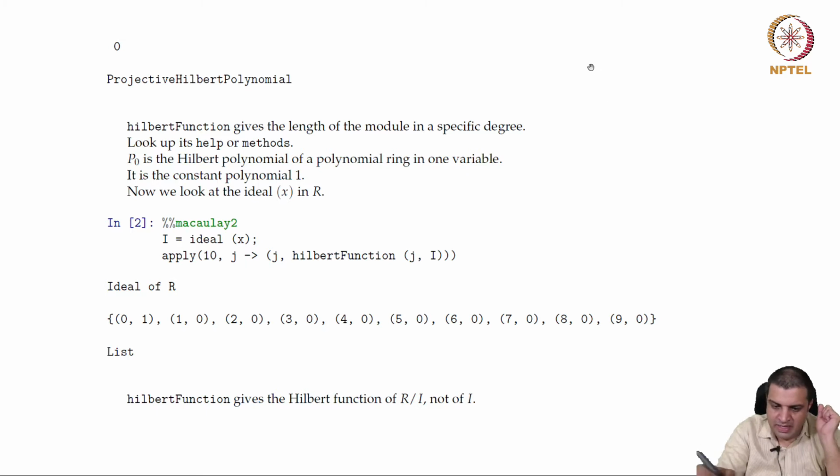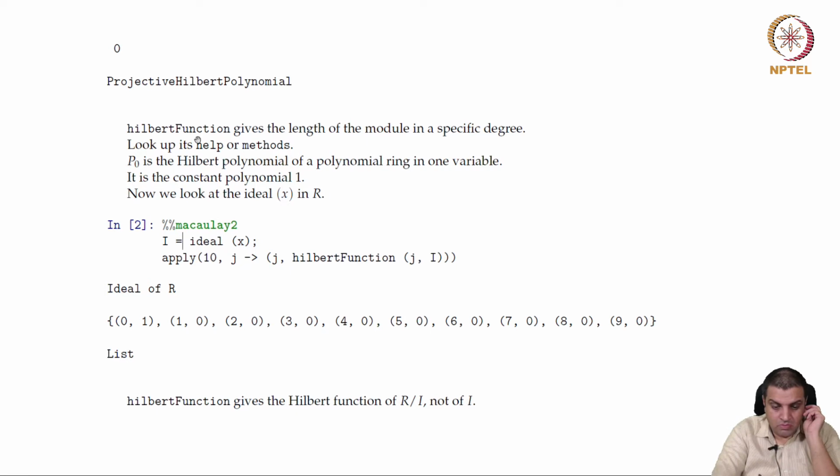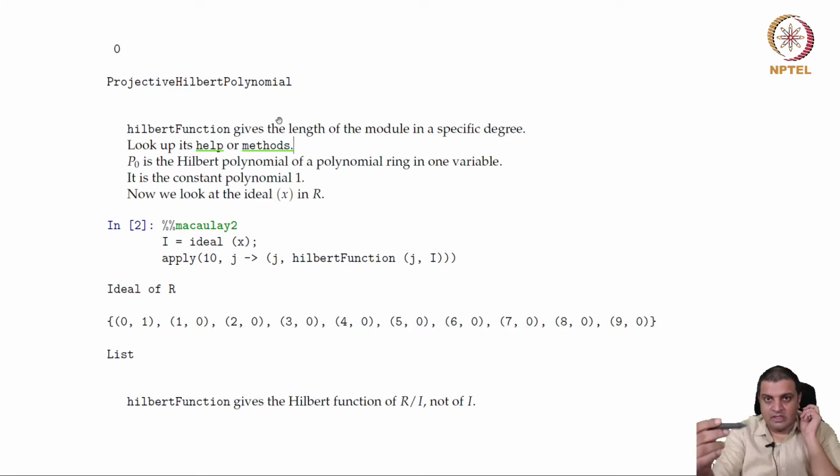Make it a habit, if you see a command in Macaulay2 that you don't know, to look at its help or its methods. That will tell you in which ways you can use it. So P0 is the Hilbert polynomial of a polynomial ring in one variable. It is the constant polynomial 1.